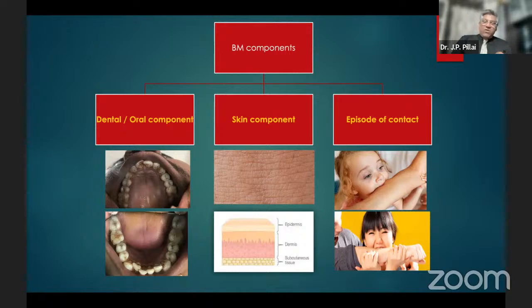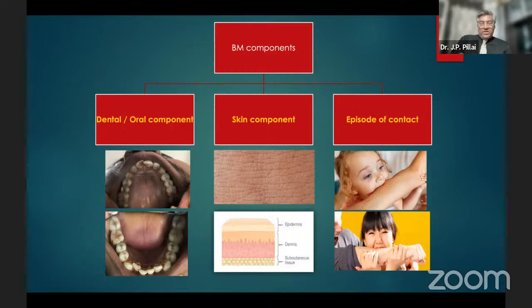Okay, the skin component. We all know that the skin is a viscoelastic layer, and also the thickness of the skin is not uniform everywhere in our body. And also the underlying subconnective tissue. So you can very easily say that on the scalp and the facial zygomatic region, the skin layer is thin.